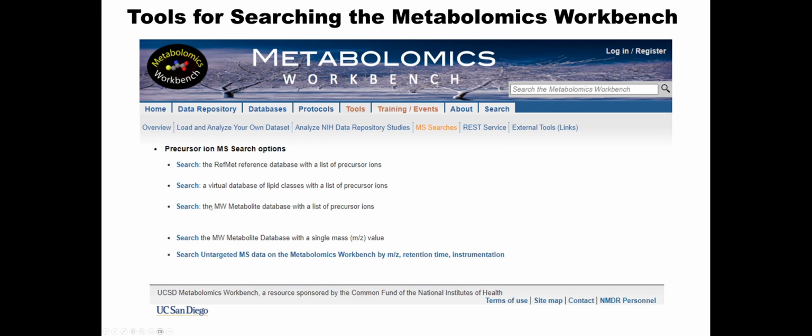You can look at the entire metabolite database and search for the exact mass spec. We developed this first. In fact, your ability to search the Metabolomics Workbench using mass spectrometric standards has now become very common.